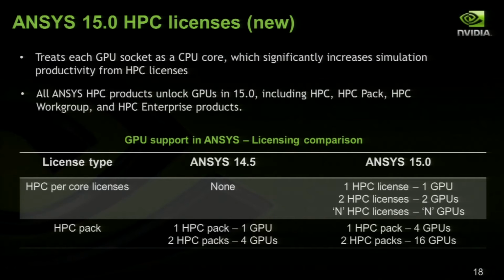In addition to bringing the AMG acceleration features to Fluent, ANSYS completely revised their licensing policy. The way it works is that each GPU socket, the whole socket, is treated as a single CPU core when it comes to licensing.